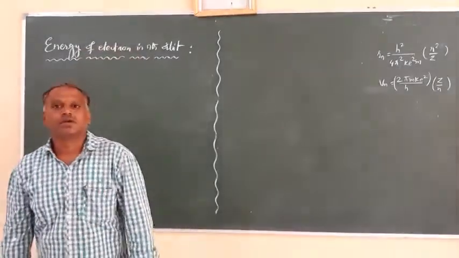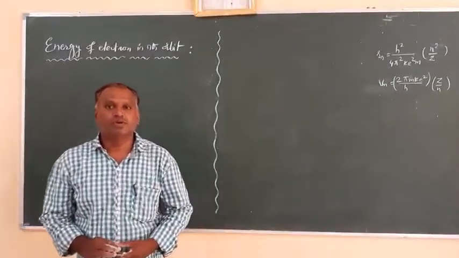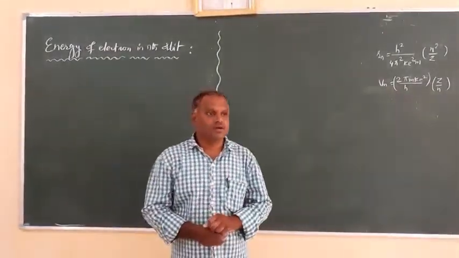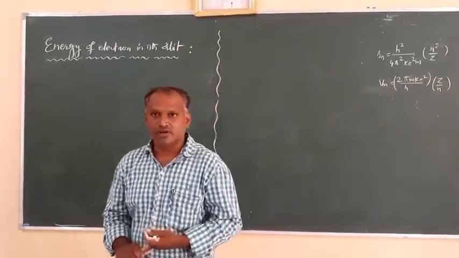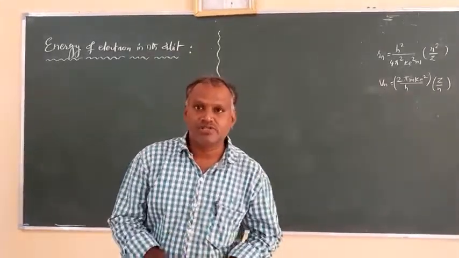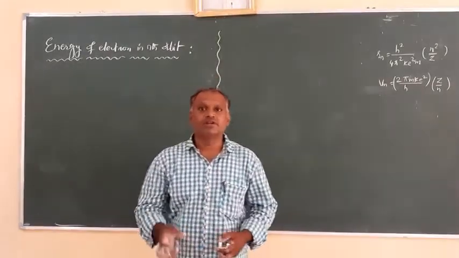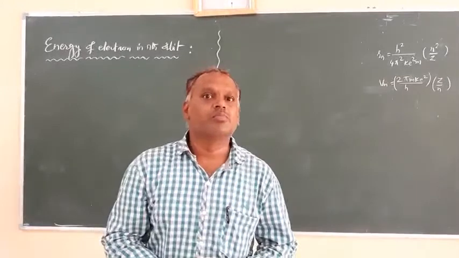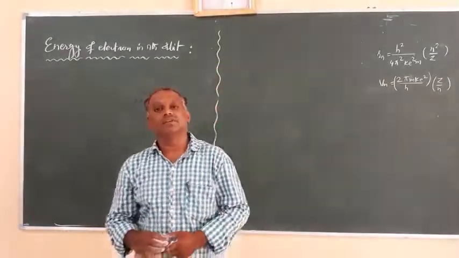Hi students, in the last video we covered the equations for the radius, velocity, angular velocity, and time period of an electron revolving in the nth orbit according to Bohr's atomic model. So there we derived the different equations.